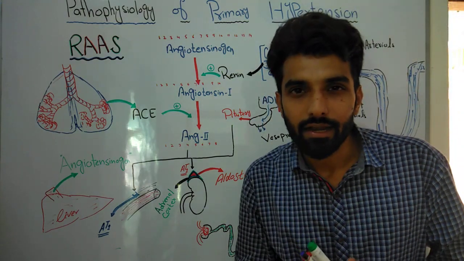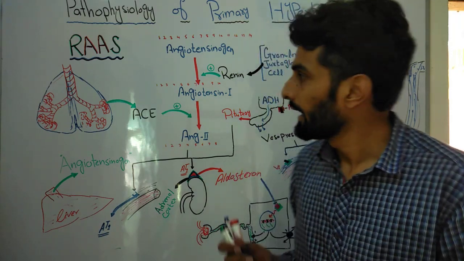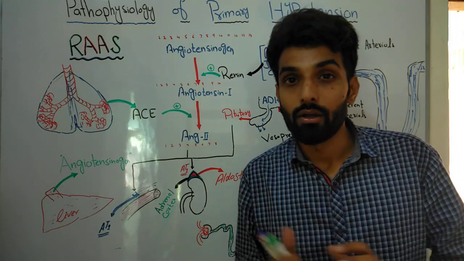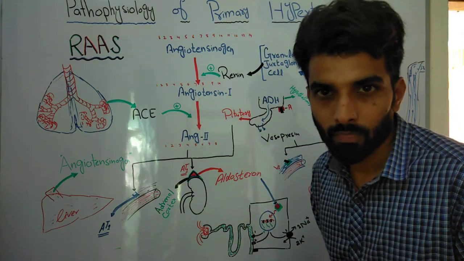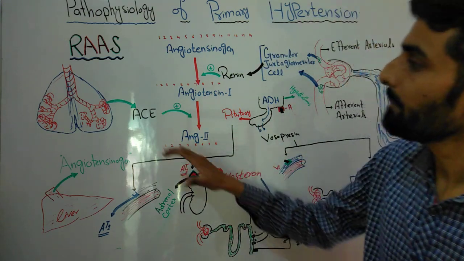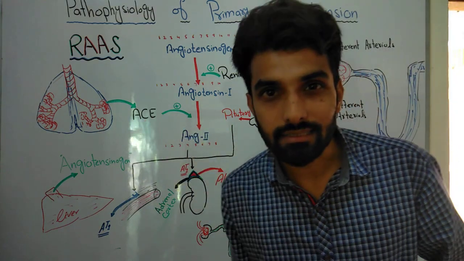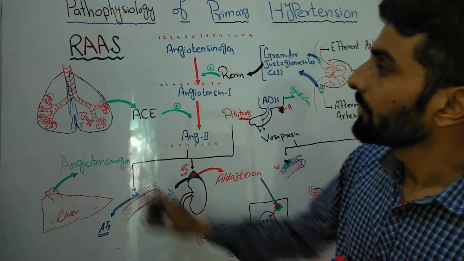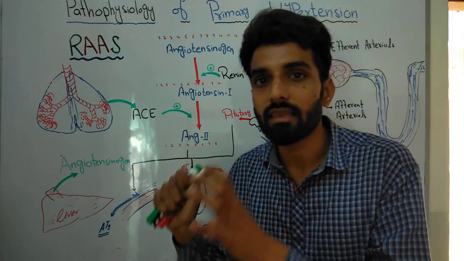So we can say that renin has proteolytic activity, it has protease activity, it has the tendency to break down proteins. Now this angiotensin 1 will be converted into angiotensin 2 with the help of an enzyme, angiotensin converting enzyme, and this enzyme is released from the pulmonary capillaries or endothelial cells of the lungs.